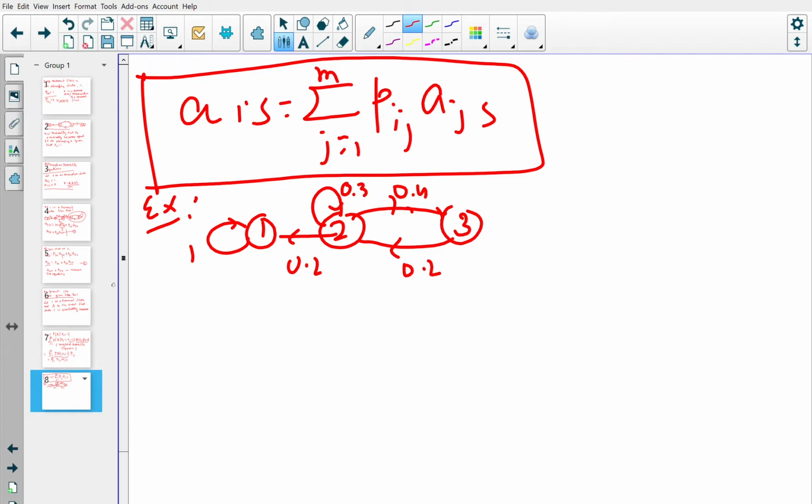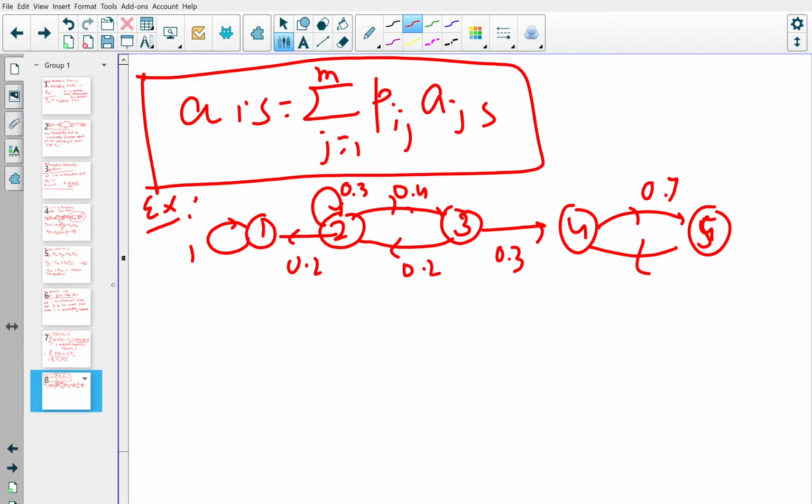Then 0.3 to state 4, and this doesn't matter. Then again I am writing it: this is 0.7, and then this is 1, this is 0.3, and then maybe this is 0.5.